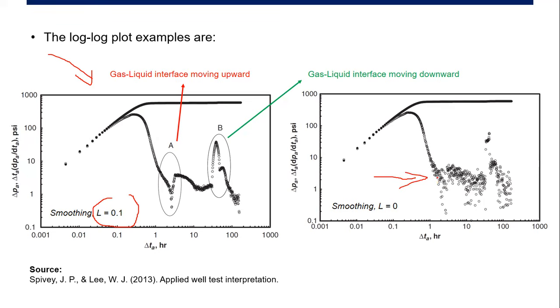It's not a reservoir factor, it's a wellbore factor because it's the gas-liquid interface moving upward and downward. All right, so be careful if you have multi-phase flow, you will have gas and liquid flow. Most likely you will have the gas-liquid interface moving upward and downward during the well test, during the shut-in.